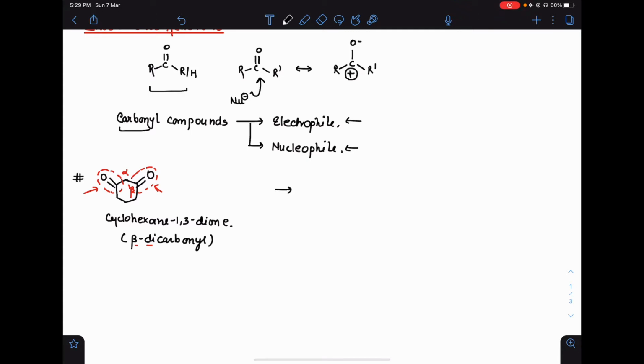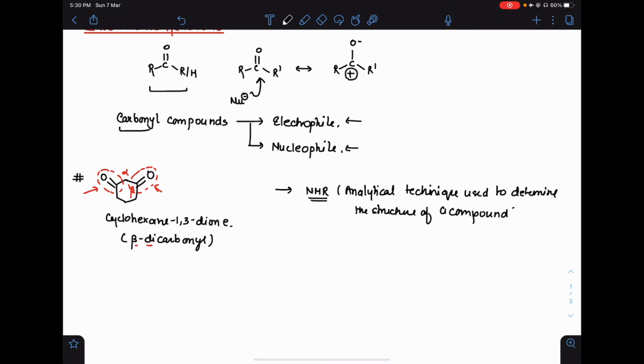So what do we do? We perform NMR analysis. You don't need to know much about the NMR, only that this is an analytical technique used to determine the structure of a compound.